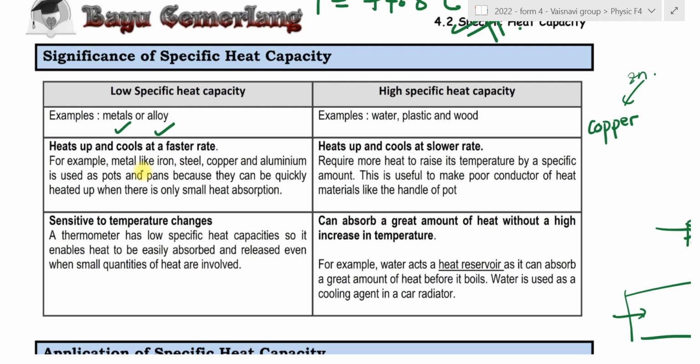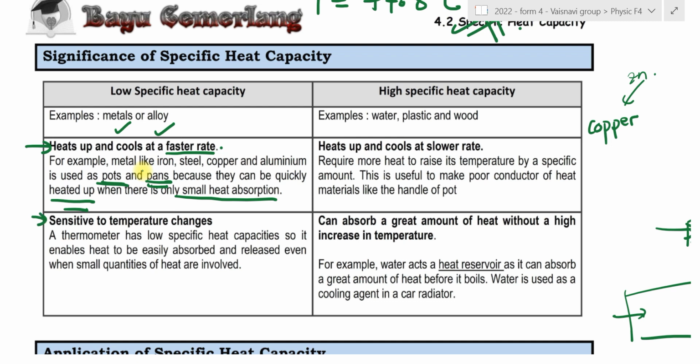Low specific heat capacity, heat up and cool at a faster rate. For example, metals like iron, steel, copper, aluminium are used as pots and pans because they can be quickly heated up when there is only a small heat absorption.